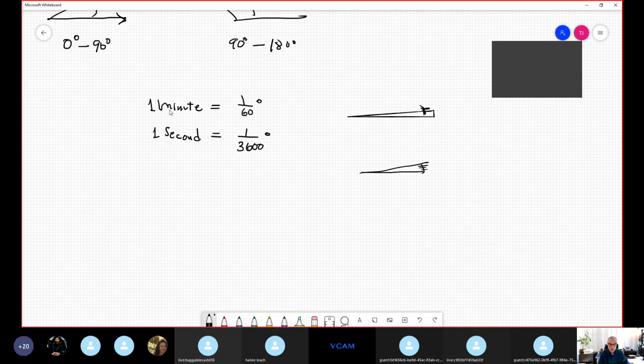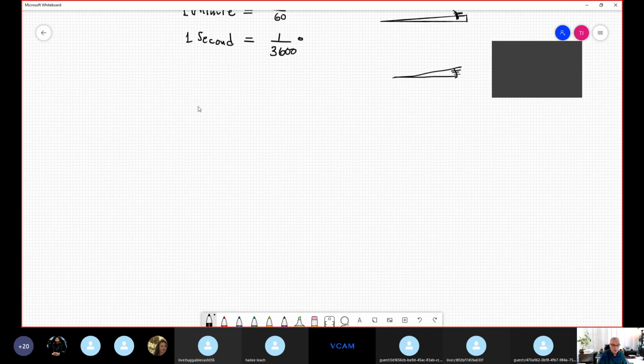So in navigation, maybe using a ship or airplane, the position is given in degrees, minutes, and seconds. Suppose this example. Suppose that we have example 1.